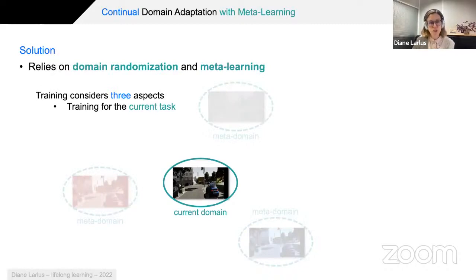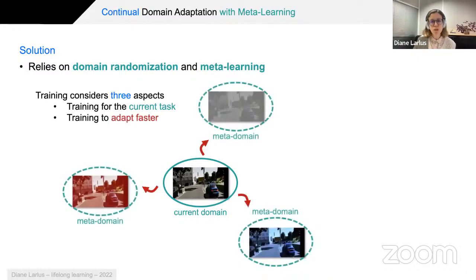So it will train for the current task. This is what we really want to do, right? Train with the data we have. But we're also going to train, keeping in mind that we want to adapt faster to meta-domains. And we're going to train with an objective that makes sure that we mitigate forgetting on those meta-domains. So we're going to have these 3 components used in a single learning objective. And this is how we're going to train our model.